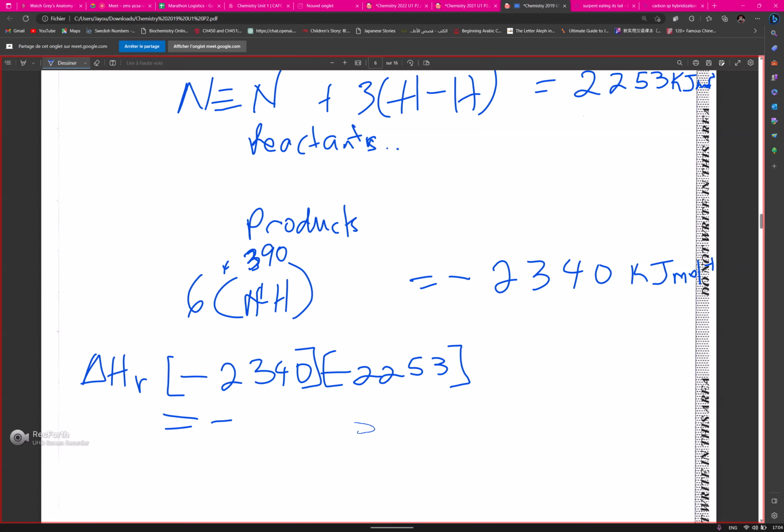Negative 4,593, and that's kilojoules per mole. So your plan is to not use the equation to get the answer? I'll probably just not use the minus for the products, and just know that it should be exothermic and put the negative sign. Like what we did for the combustion in the 2022 paper.